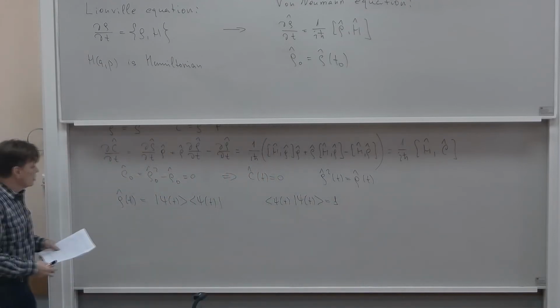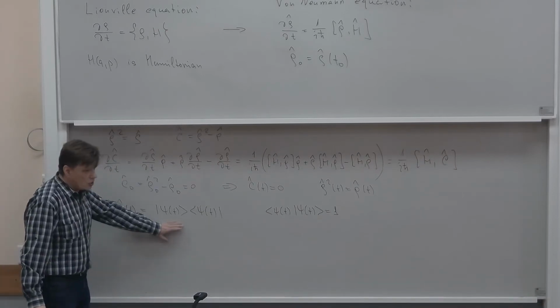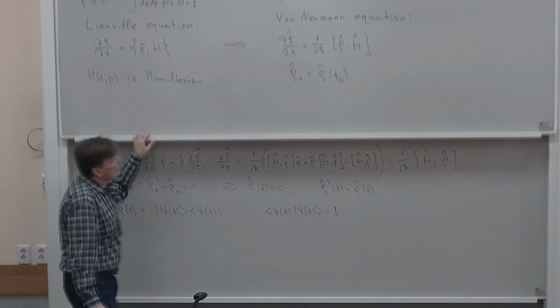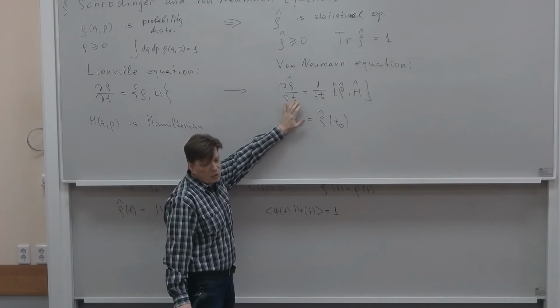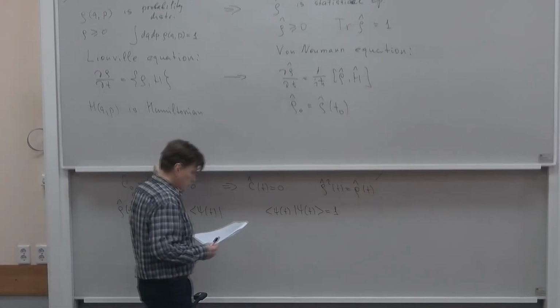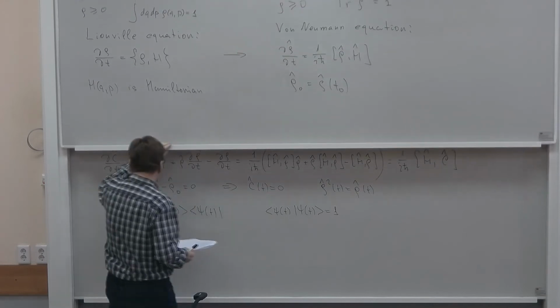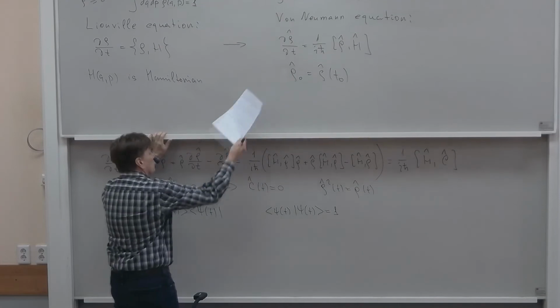So let us substitute this expression for the statistical operator into the von Neumann equation and see what this equation gives us in terms of this vector psi. So we substitute this projector into rho.